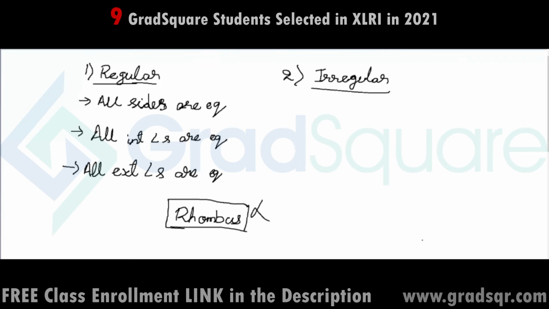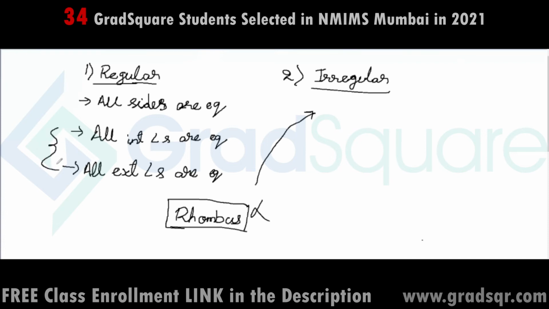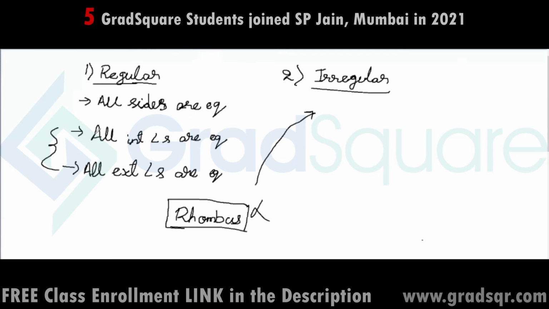In the case of any other polygon, whenever you have, say, a pentagon in which all five sides are equal, the remaining two conditions will get satisfied. In the case of a hexagon, if all sides are equal, the remaining two conditions will get satisfied. In the case of triangles also, if all sides are equal, the remaining two conditions will get satisfied.